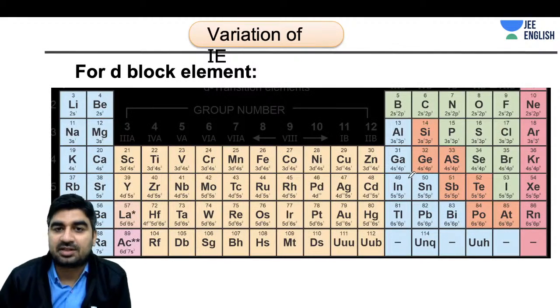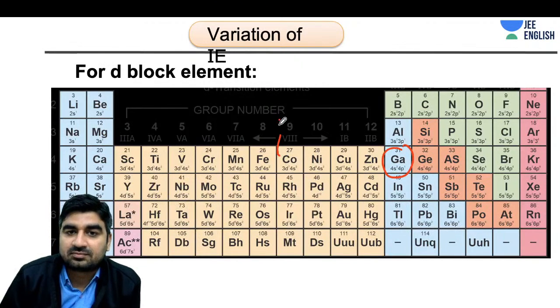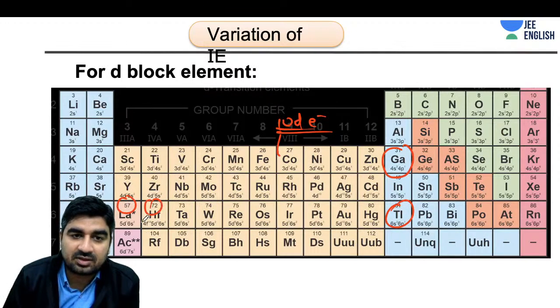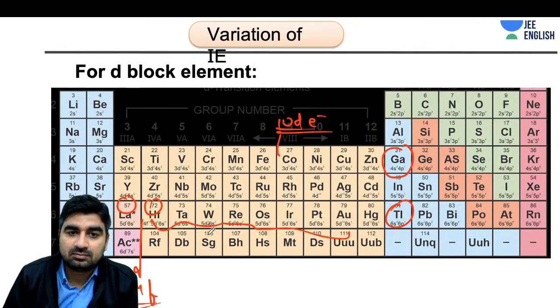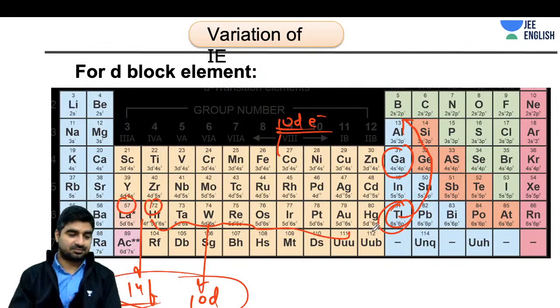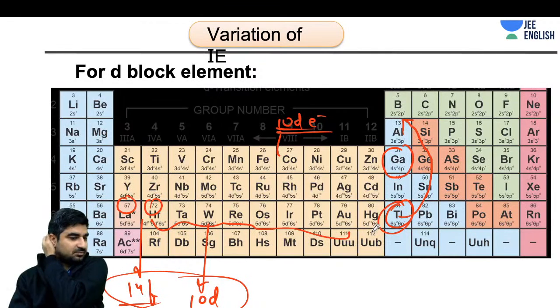Again, I'm showing you in the table. Before this gallium, we have 10 d electrons, and before this thallium, here 57 and 72, we have 14 f electrons, and then we have 10 d electrons. So due to this, it will reach this point. Got it? So the net force of attraction will be very high.